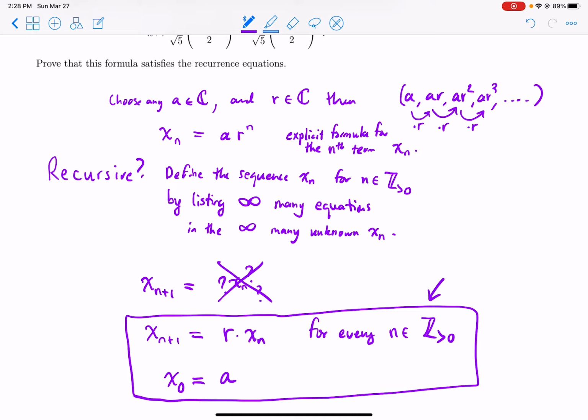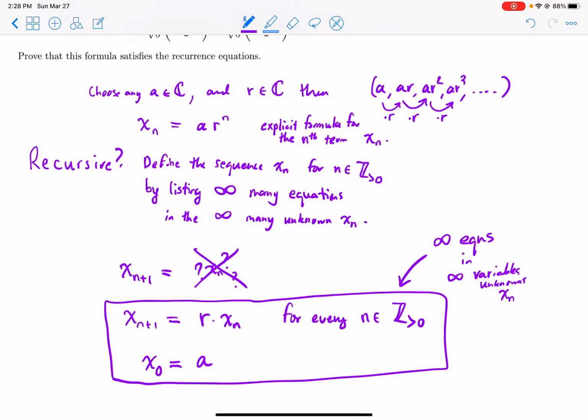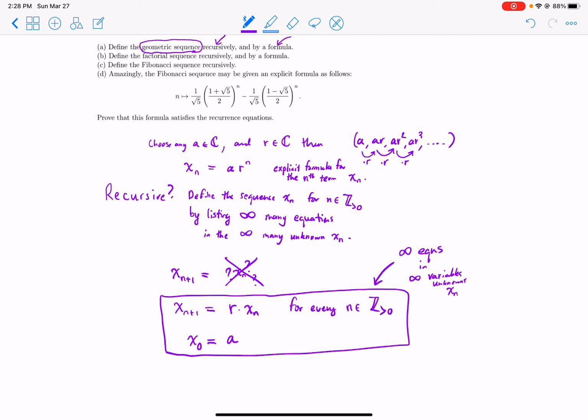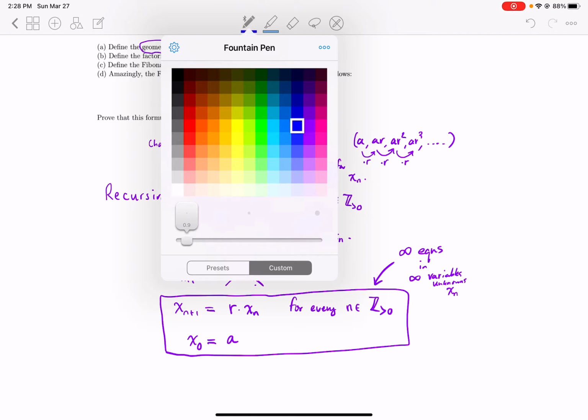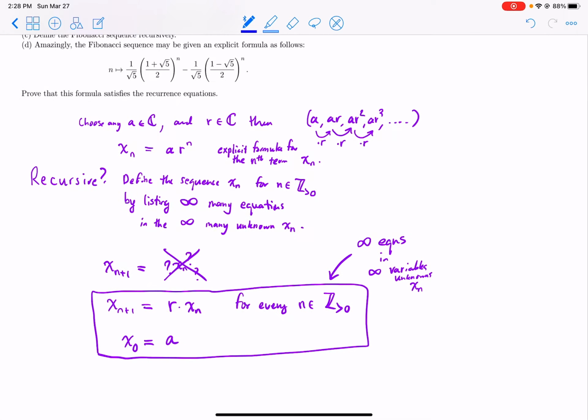Here, infinite equations in infinite variables or unknowns x sub n. Okay, let me help you understand the difference between this formula, which is not recursive, and this one, which is recursive.